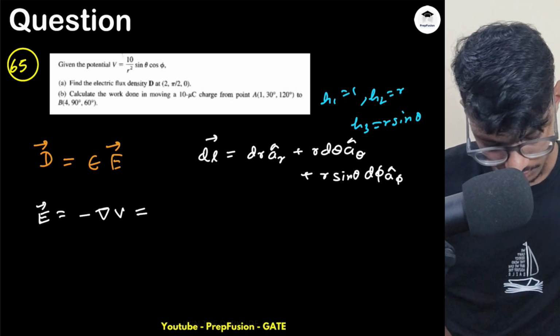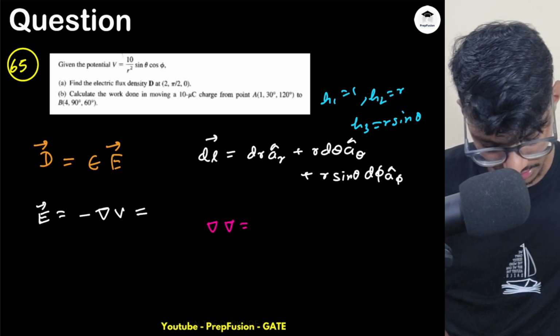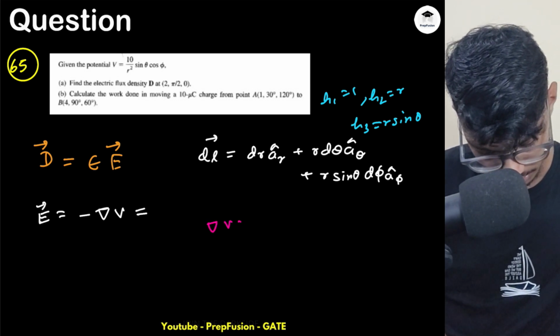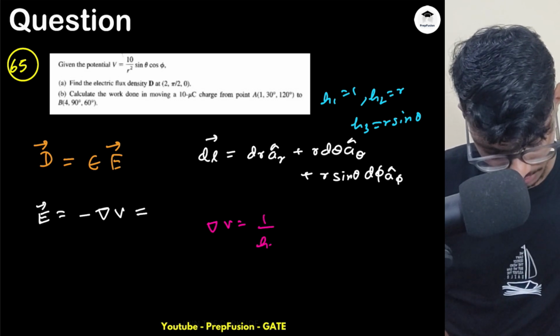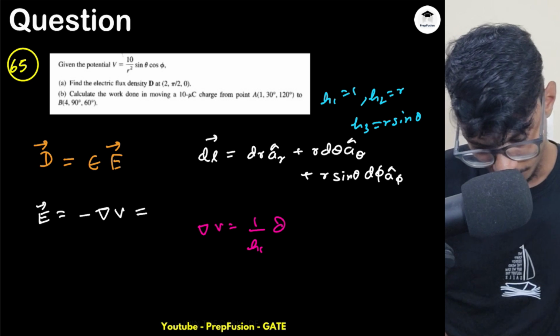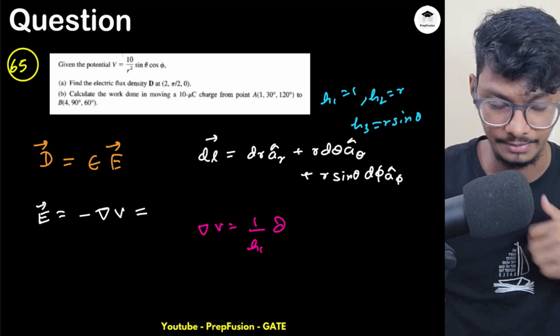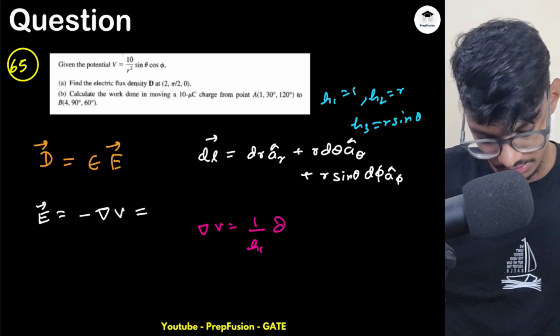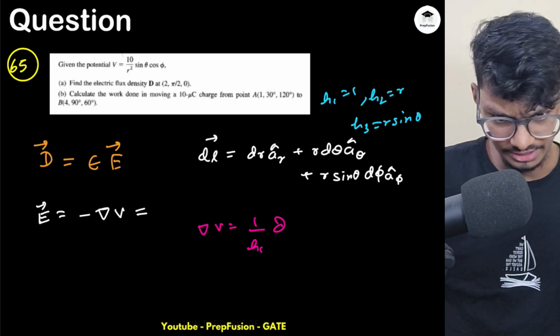Now I remember, right, what is the gradient of a particular function? In any coordinate system, it is 1 by h1 del V del u1. For divergence, actually the internal multiplication happens, but here no internal multiplication happens, so things will be pretty simple, right?